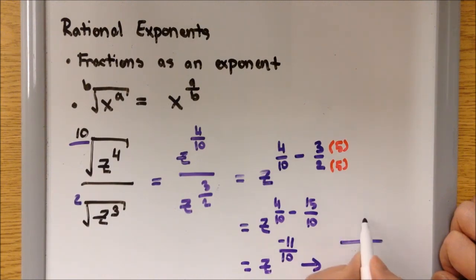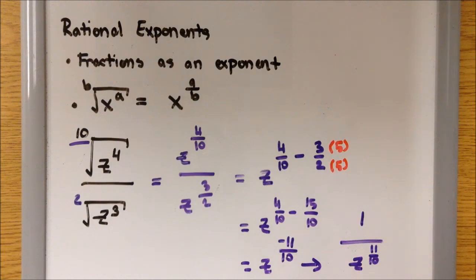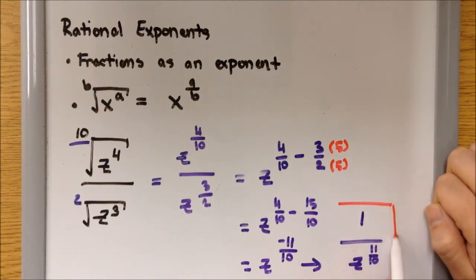So it's going to be 1 on top, and then z on the bottom, where it's now positive 11 over 10. So, if I just ask you for the rational exponent, this is where you would stop. So z to the negative 11 over 10 power will equal 1 over z to the power of 11 over 10.